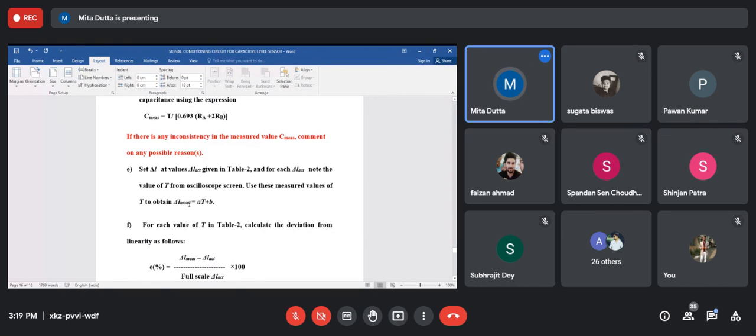Then you will get del L measured, the measurement value of change in liquid level.